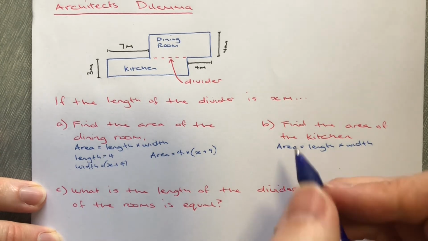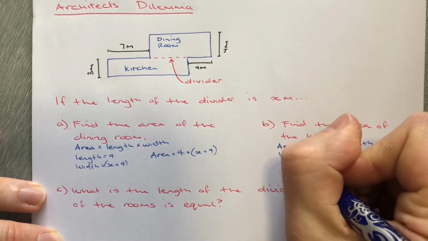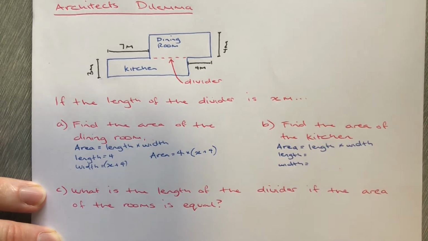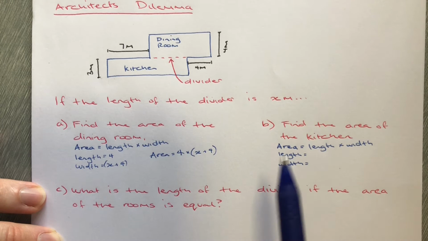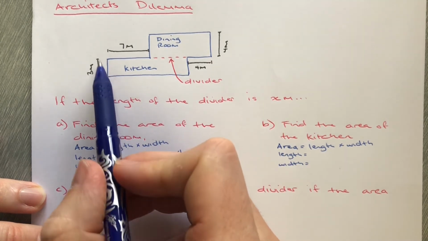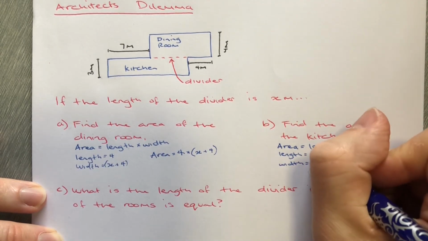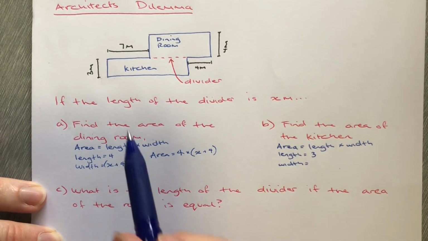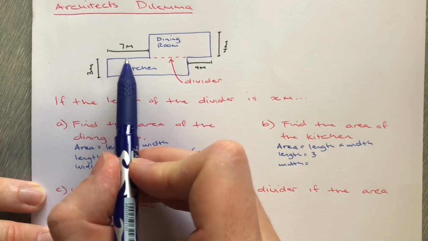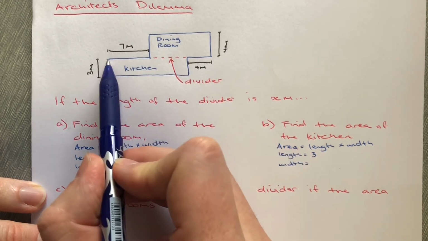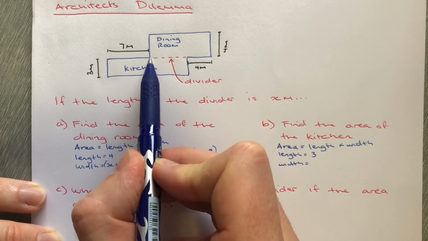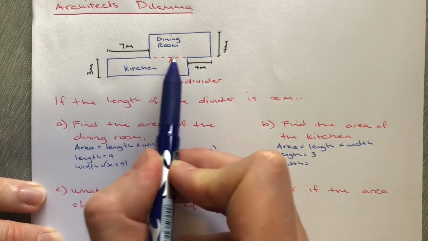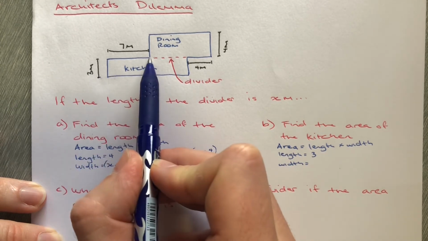Now we want to know the length and width of this room though. So the length, let's just say it's this. That's going to be 3 meters. So I'll say that's 3. And the width of this room here, it's going to be from here all the way to here, isn't it? Now, if here to here is 7 meters, and from here to here is x meters, that means from there to there is going to be 7 plus x.